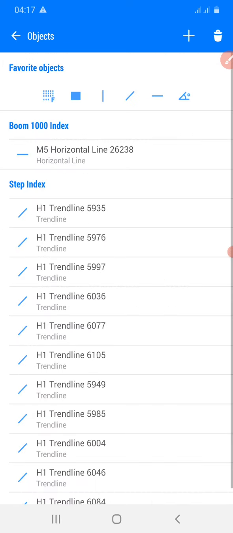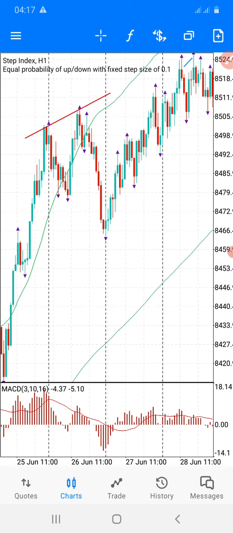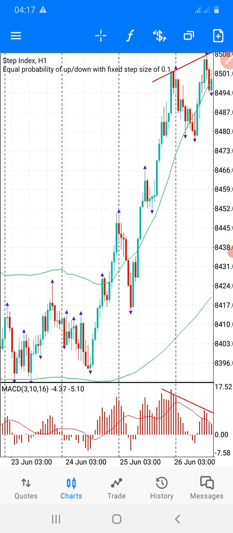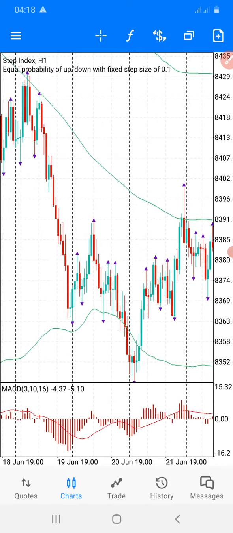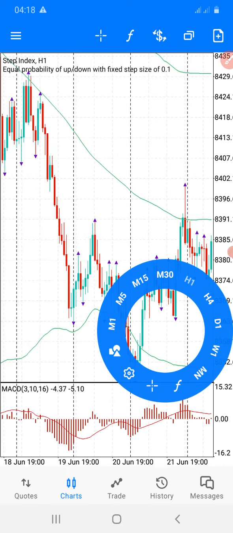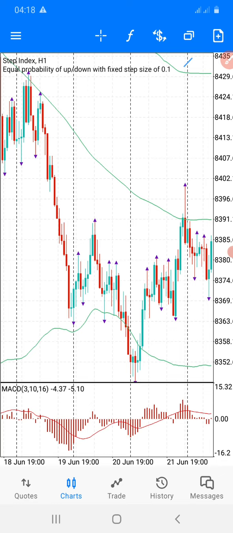And this MACD helps us to spot every little divergence as it occurs in this market. So this is how to spot a regular divergence.